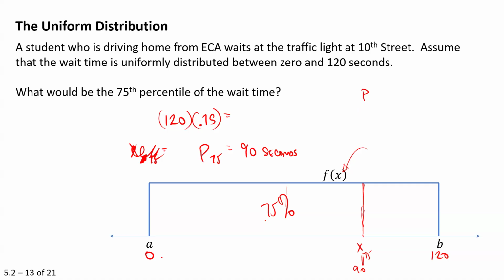I mean, you did it yourself. 75% of this full distance here. Okay. And just for grins here, just in case this isn't 0, got to add this on here. So that's plus. That's our formula for percentiles here.